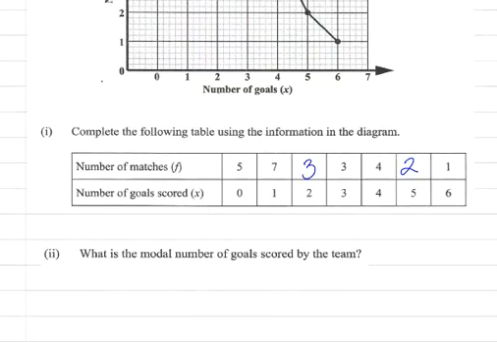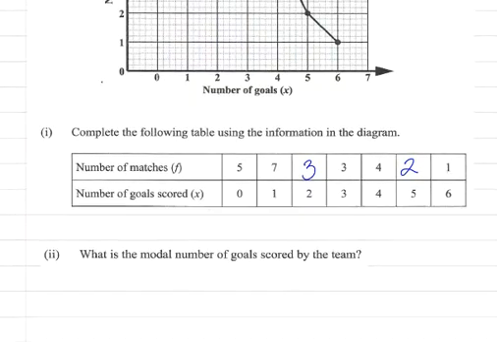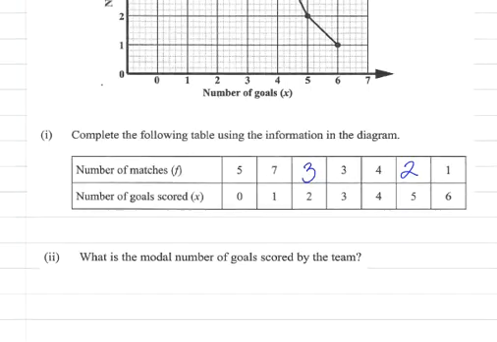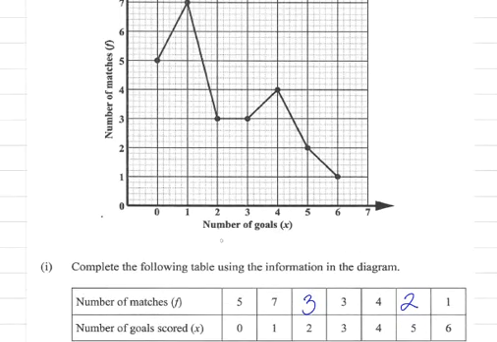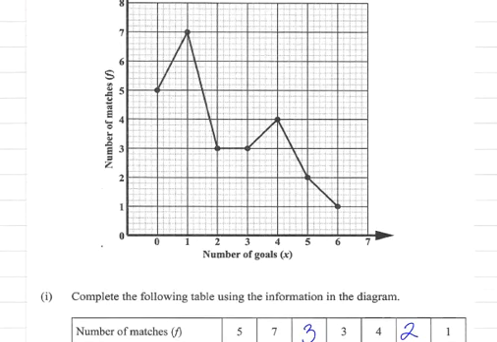Next, we're asked what is the modal number of goals scored by the team. The modal number of goals, which is at the bottom here, is the number of goals which has the highest frequency. The highest frequency here is 7, and it corresponds to 1 goal.